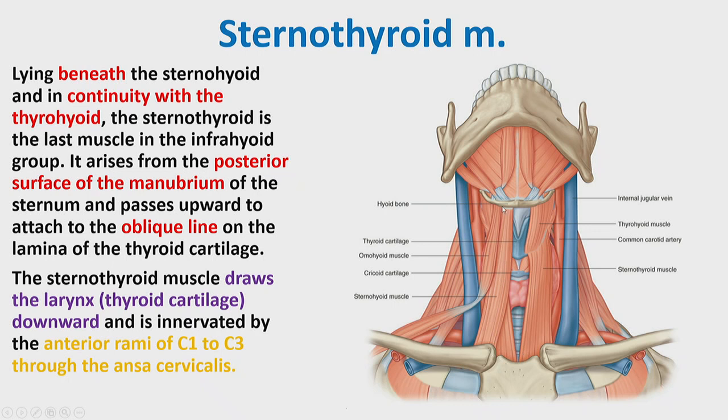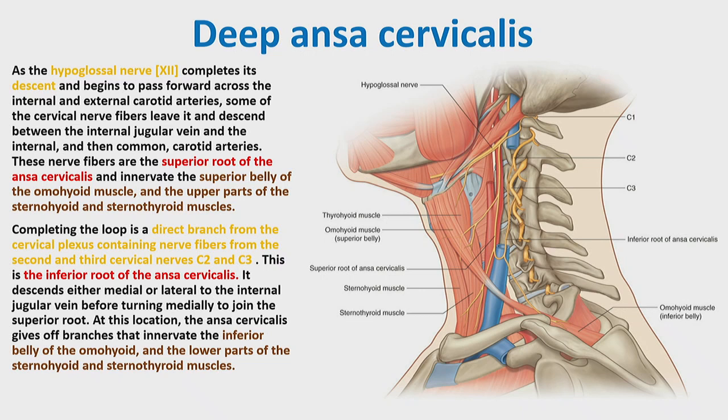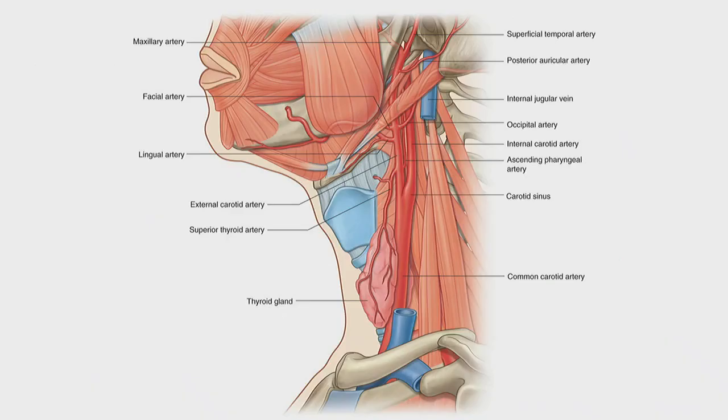So sternohyoid, omohyoid with superior and inferior belly, sternothyroid, thyrohyoid, those are the infrahyoid muscles. All of them are generally innervated by the spinal nerves from C1, C2, and C3, which make a loop and form the ansa cervicalis, the deep ansa cervicalis, that we are going to discuss in the chapter of the nervous system.